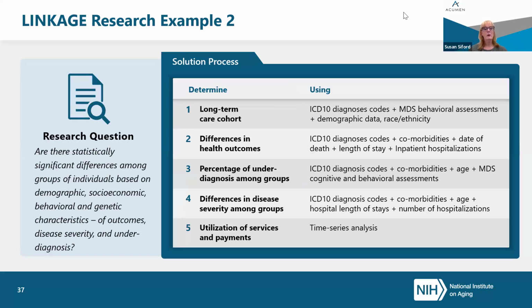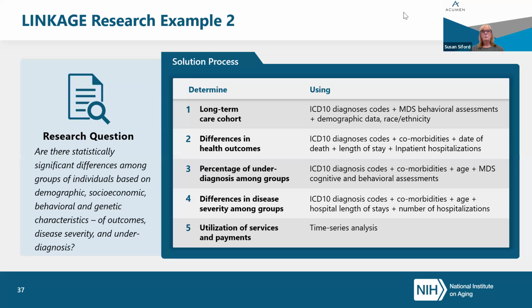In another example, you may want to look at the statistical differences among different groups of individuals based on demographic or socioeconomic, behavioral, or genetic characteristics, looking at outcomes, disease severity, or underdiagnosis of Alzheimer's disease.